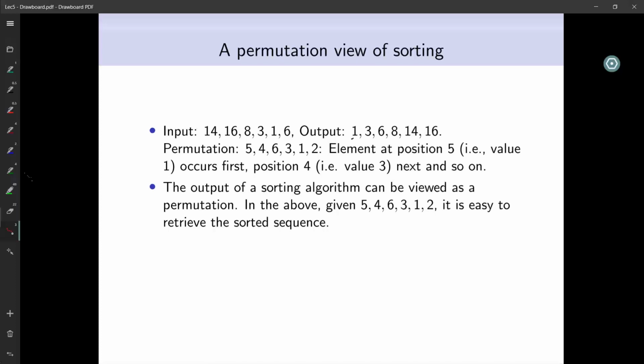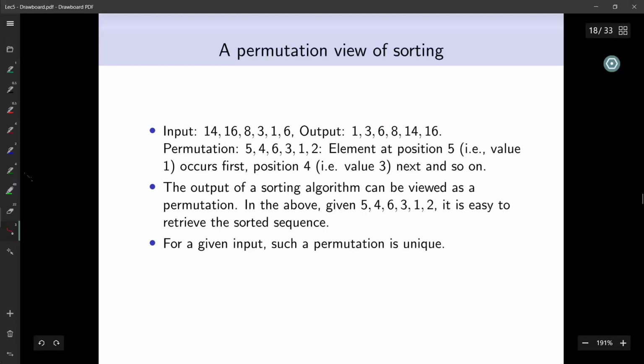So they are kind of equivalent. If the elements are distinct, then the permutation is also unique, it is fixed. So for a given input, such a permutation is unique, subject to the condition that elements do not repeat.